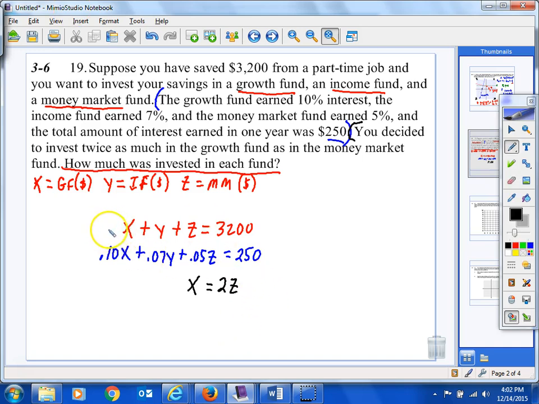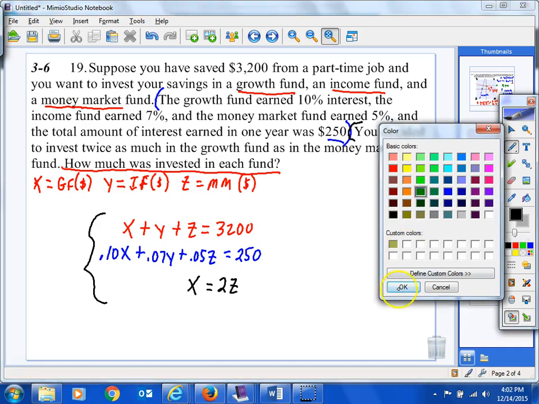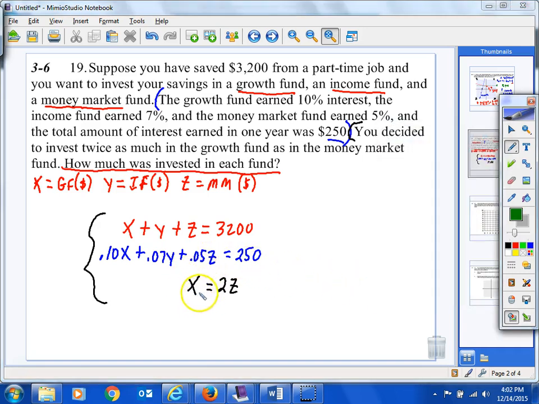We've got the system of 3 equations, and now we're going to use substitution, because in this bottom equation, the variable x is solved for. x is 2z. So we're going to use substitution to replace x in the other 2 equations with 2z.